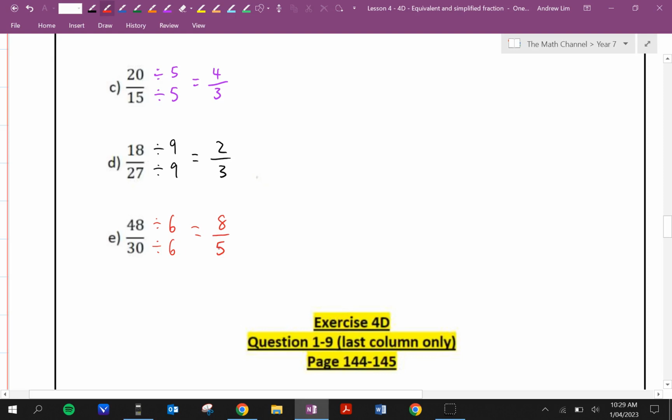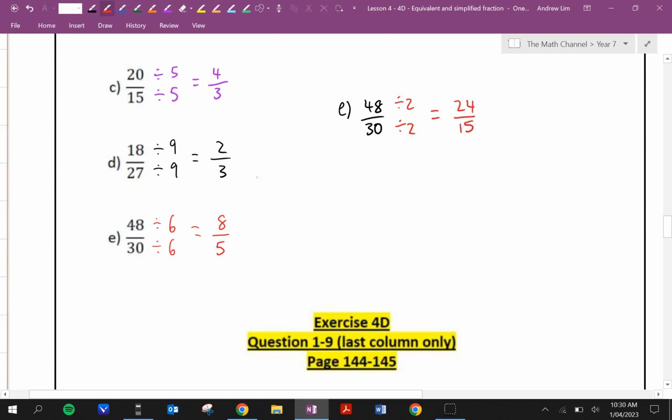Now, let's say, for example, question E, you didn't realize it was 6. So let's just do it over here, 48 over 30. Let's say you can't really think of the number, but you can see that they're both even. So let's divide it by 2. If you divide the top and bottom by 2, we'll get 24 over 15.